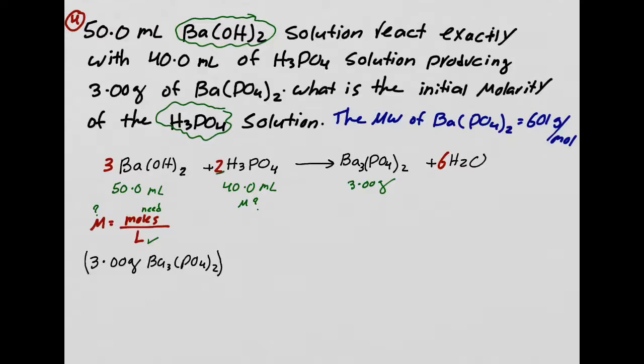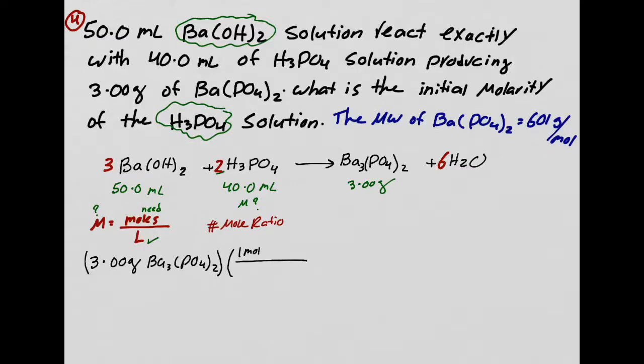They give me one thing, but they ask for something else. So I have to use hashtag mole ratio, right? Because again, they give me this, but I need the moles of phosphoric acid. That is our thing. I'm actually going to write it down too. Before I can do mole ratio, I need to convert grams to moles.